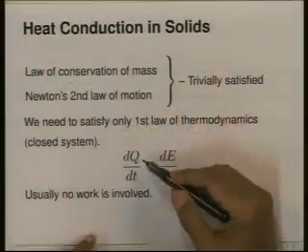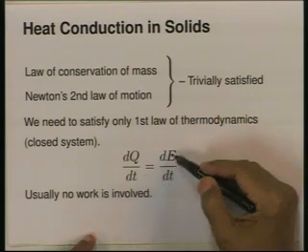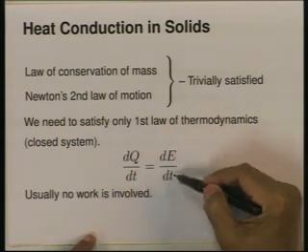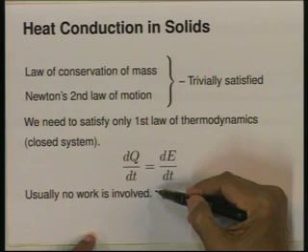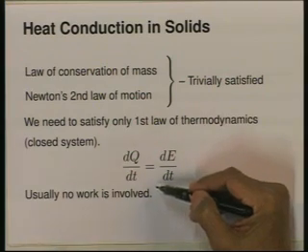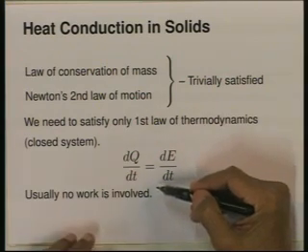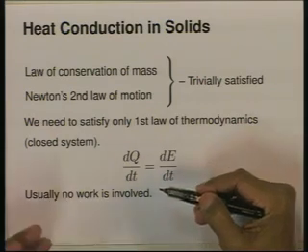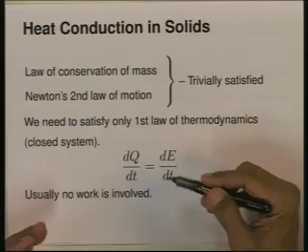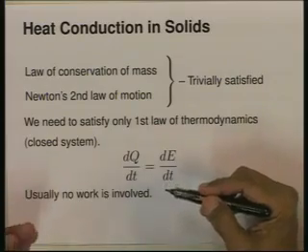So, the first law simply reduces to the form dQ/dt equal to dE/dt, because there is no work involved. This is one good reason why we study heat conduction in solids first. It is mathematically a little simpler, in the sense that of the fundamental laws we have to satisfy only one, and that too the first law for a closed system.